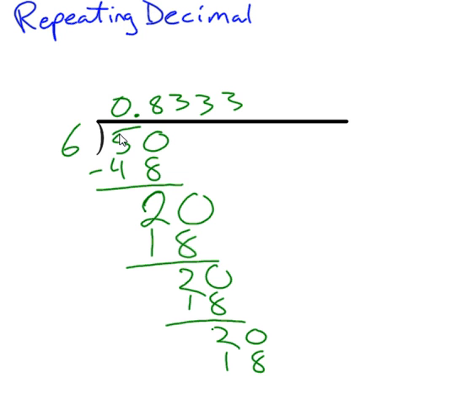The thing that's going to happen over and over again is this 3, 3, 3 thing. So we write a line over top of these 3s right here. And that is how we end it. We say that 5 divided by 6 is 0.833 repeated. And that bar above the 3 is what tells us that it continues on and it repeats forever.